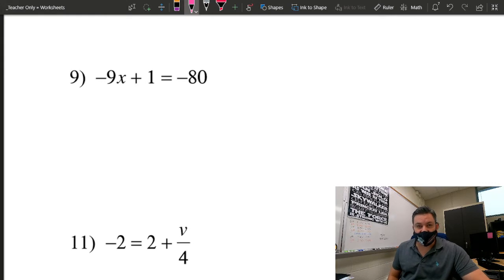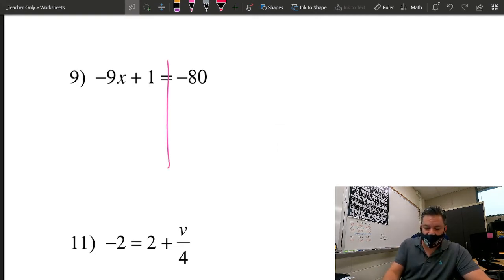Next one, we have number 9. Negative 9x plus 1 equals negative 80. Again, we're going fast. If you want the details, check out that other video. First step, get rid of that 1. So we have negative 9x equals negative 81. Getting rid of the 1 is just doing the opposite on the other side.